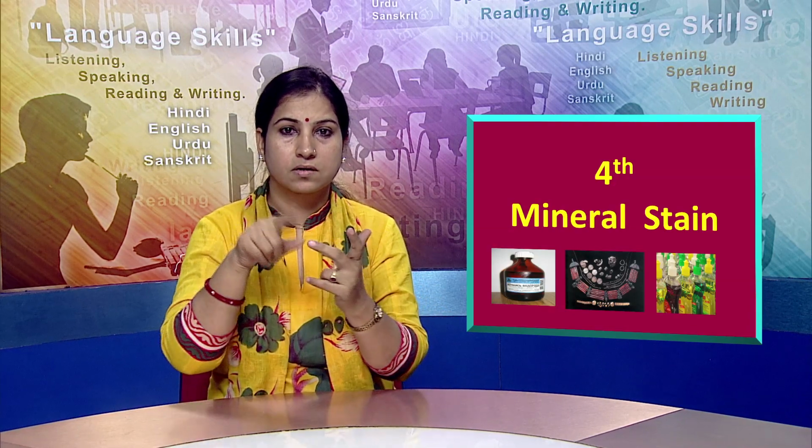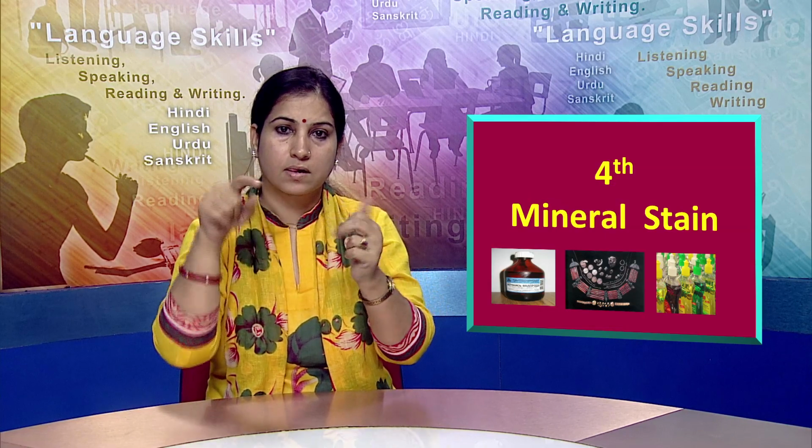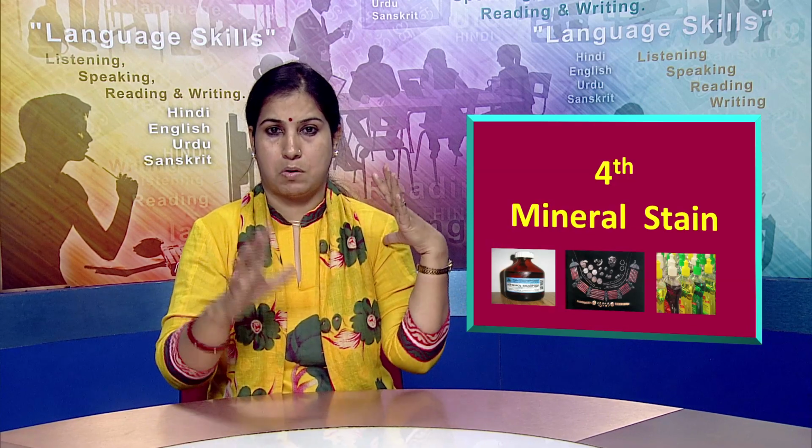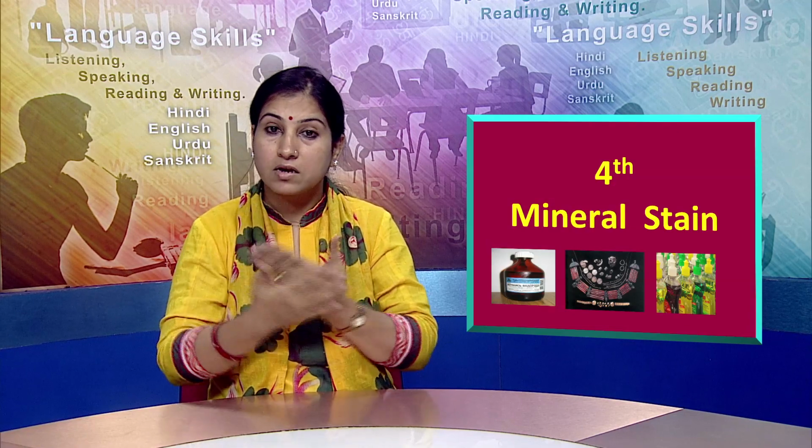In case of old stain, apply dilute oxalic acid and neutralize it with borax solution. In case of colored cotton clothes, the same procedure is applied for fresh and old stain as applied in white cotton clothes.